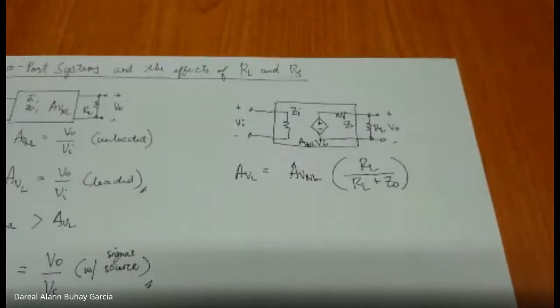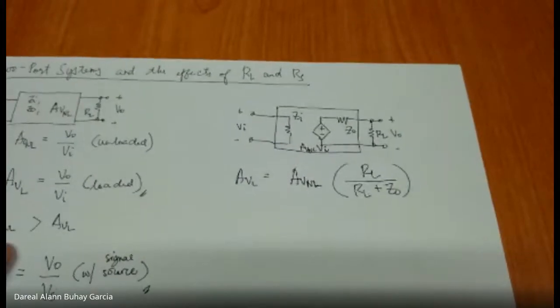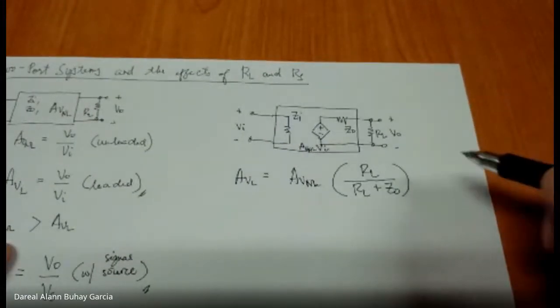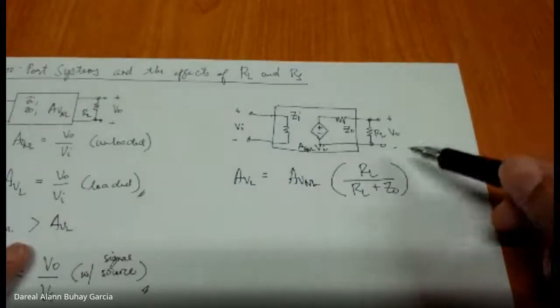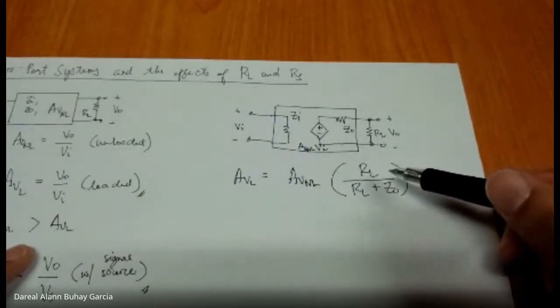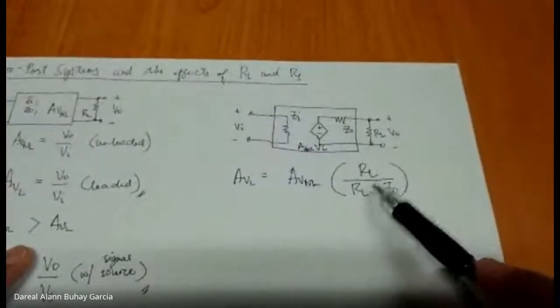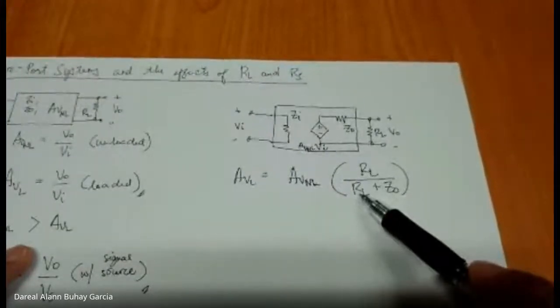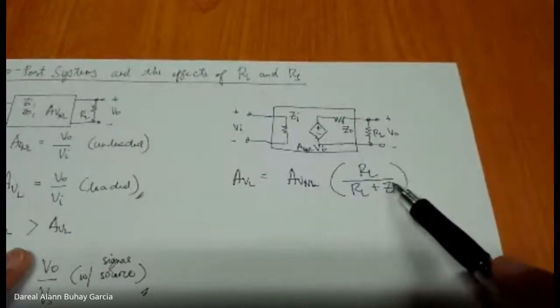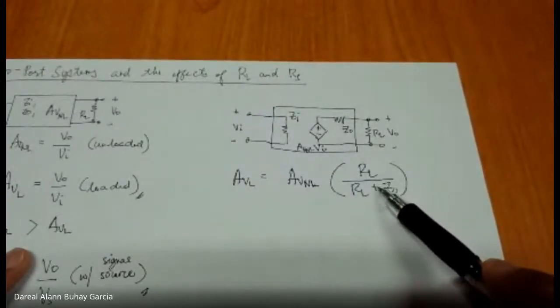So we can make a generalization: the larger the level of RL, the greater is the level of gain. Ideally, you cannot discount the effect of ZO.